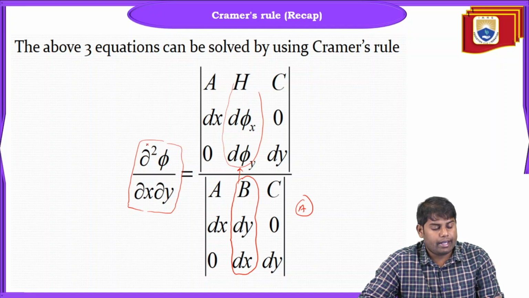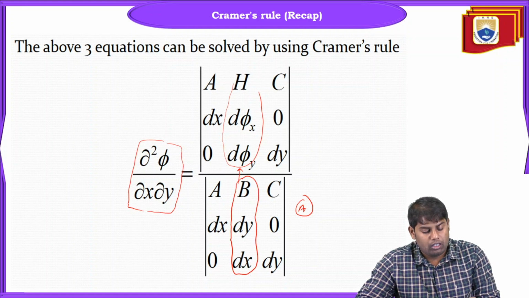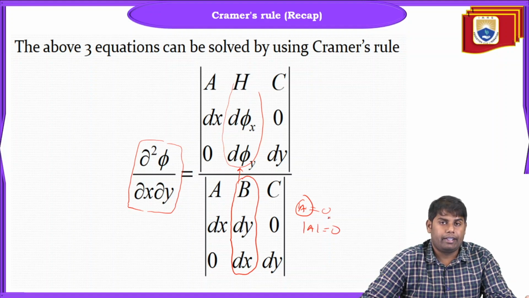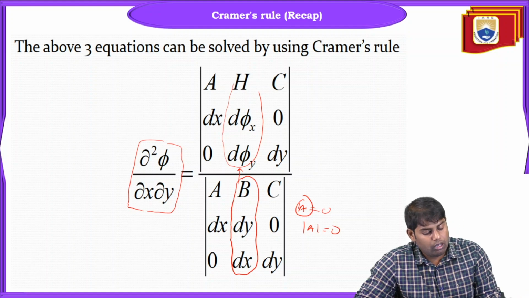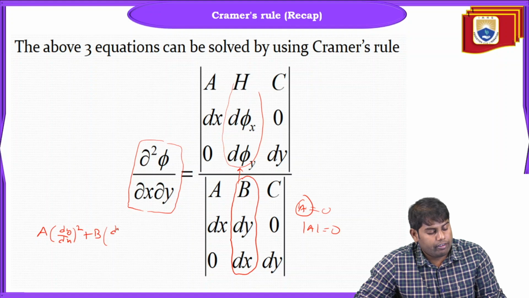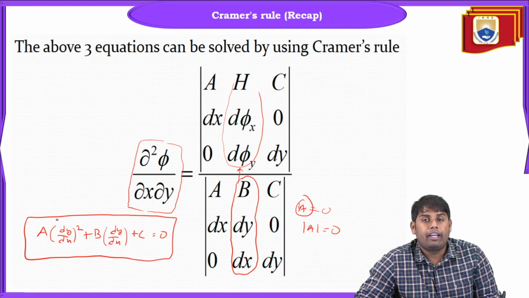So when we do this, what happens? We need to see what happens when the determinant of the coefficient matrix A becomes singular, let's say |A| equal to 0. What are the criteria? By doing this, we will get an equation in the form a(dy/dx)² + b(dy/dx) + c = 0, which is of quadratic form.